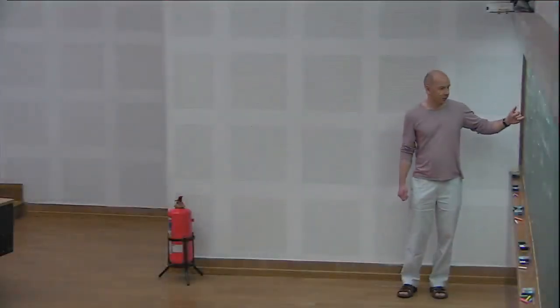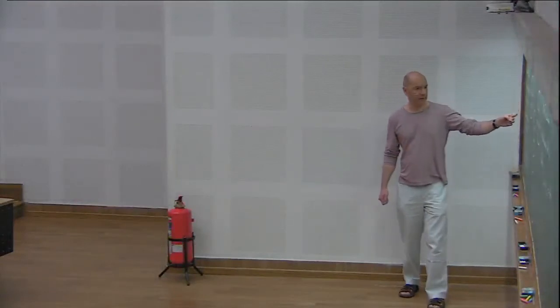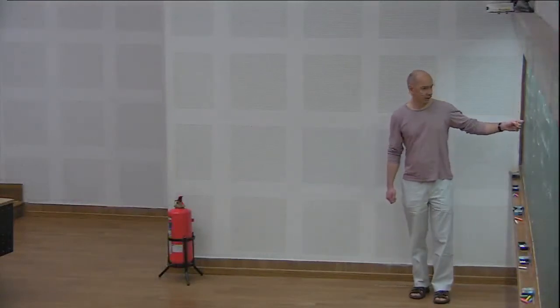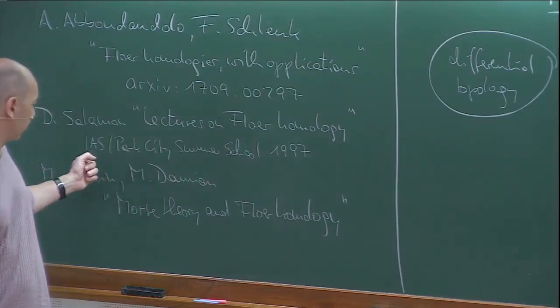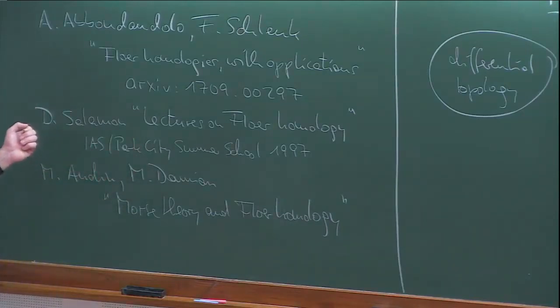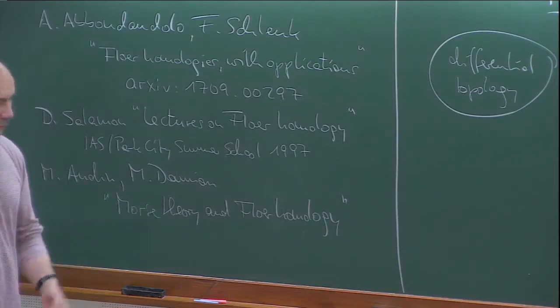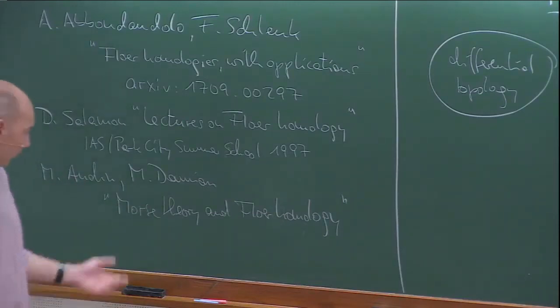If you want a little more detail, maybe still the standard reference for this subject is Dietmar Salamon's lecture notes on Floer homology. These were from a summer school at Park City 20 years ago. They're published in book form, but you can also find them on his webpage. And then if you want even more details, you can look at the book by Michèle Audin and Mihai Damian, Morse theory and Floer homology.